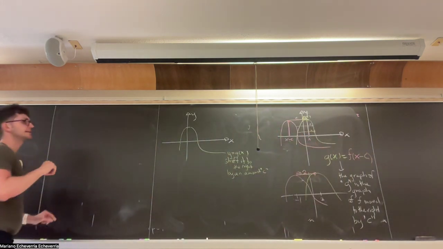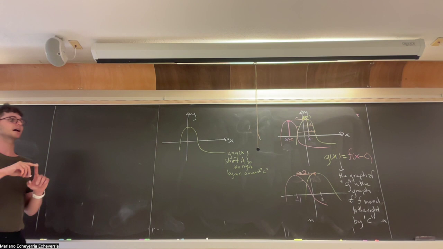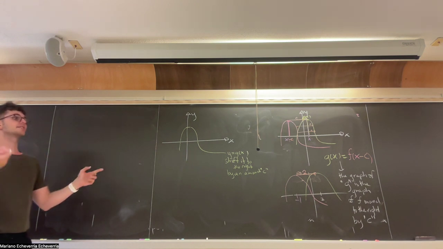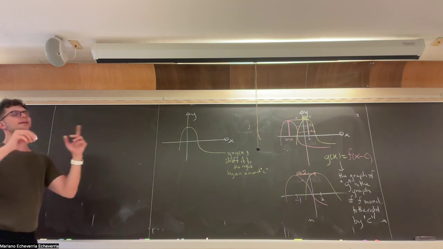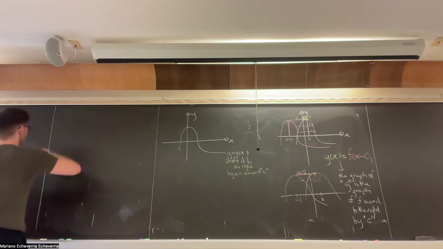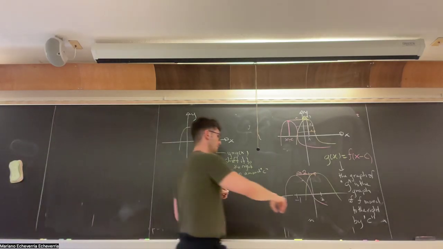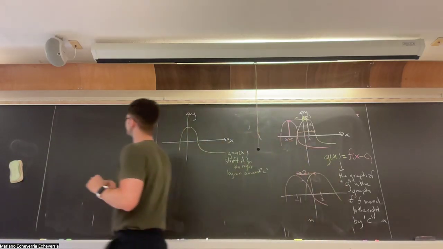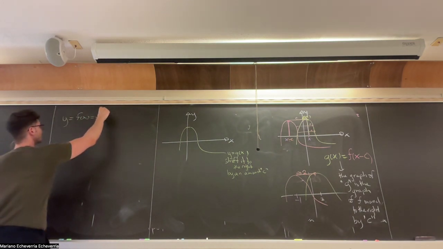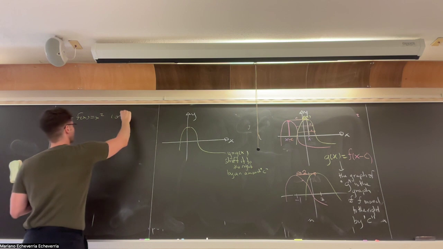So what differentiates it is whether you are subtracting or adding to the value that the function takes versus to the input. Let me explain this a bit better. Let's say the original function is f of x equals x squared. So this will be the original function, right?